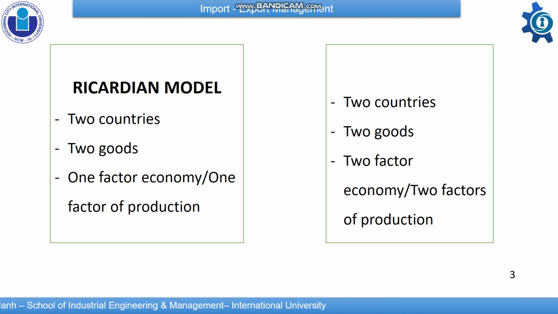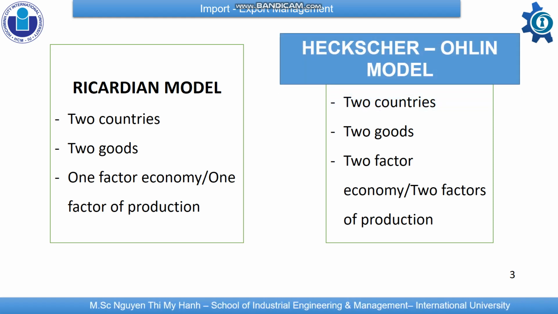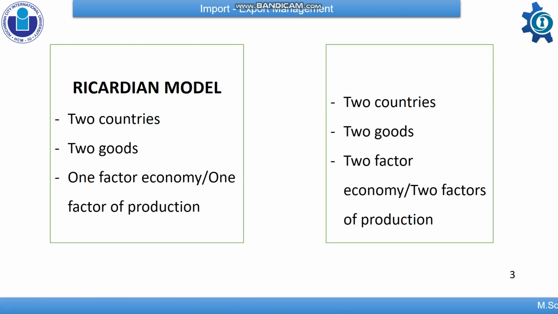That's why Canada exports the forest product to the US. So capital is also a very important factor that helps a country gain comparative advantage. And that is the Heckscher-Ohlin model, which is what we will learn today.